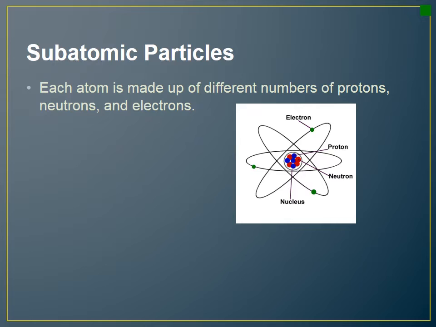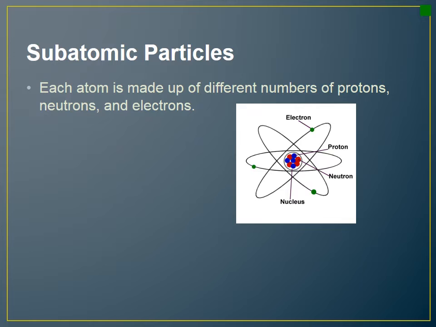Here's an example of a classical view of the atom, but it is generally much more complicated than what this picture shows. That's something you'll learn about when you take chemistry next year, but the basics of this picture hold true. There's a tiny and dense area right in the middle that holds both protons and neutrons. This whole area is called the nucleus.